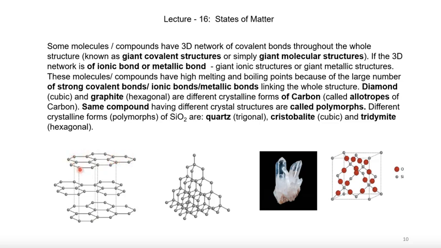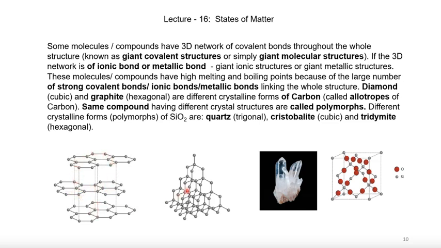And then the second layer of carbon atoms has a weak bond with the first layer. Therefore, the layers slide over each other, and it is a little bit softer than diamond.